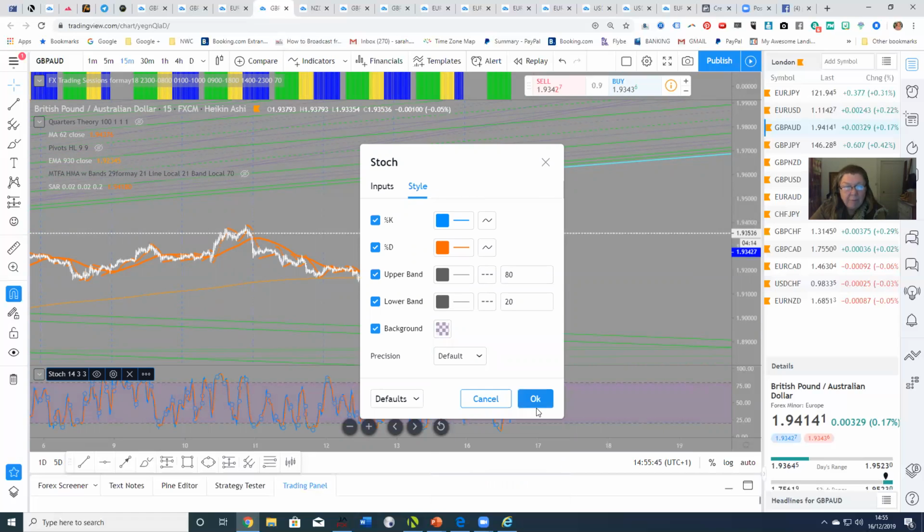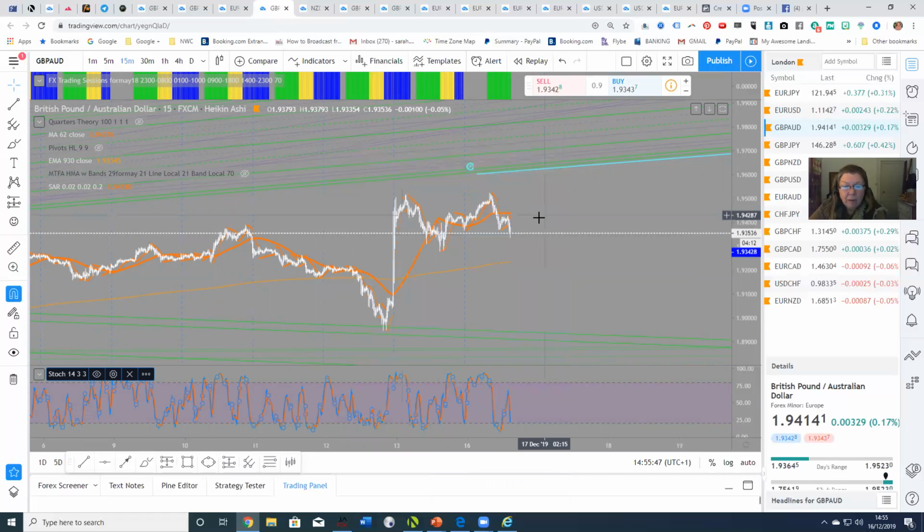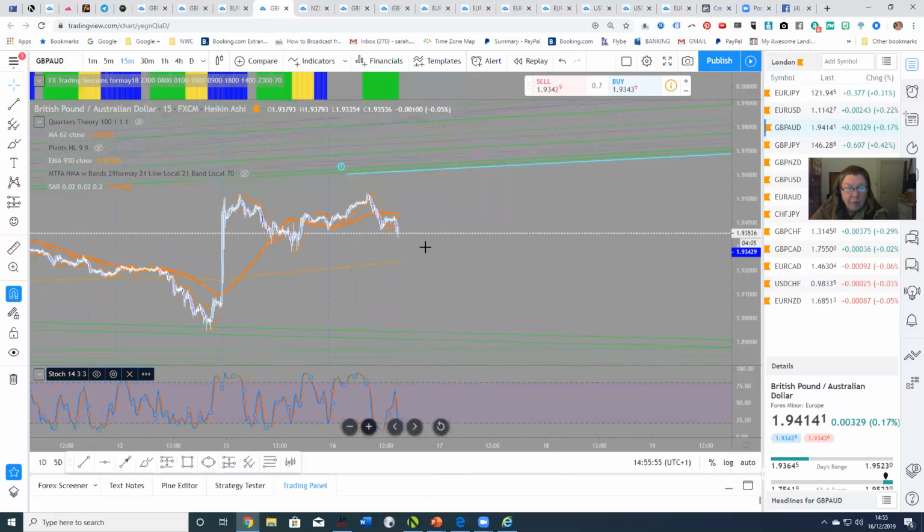Right, okay. So on GBP ORD, we've got the SAR flip, but it's right at the bottom there, so there's no trade because we're saying we want it to, and it's in very low volume range. The 62 is still saying it wants to go up. I tended to put my alert there.